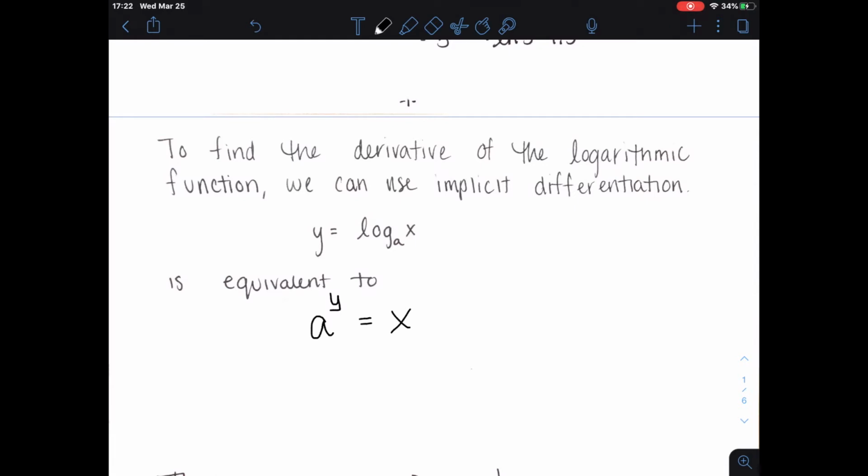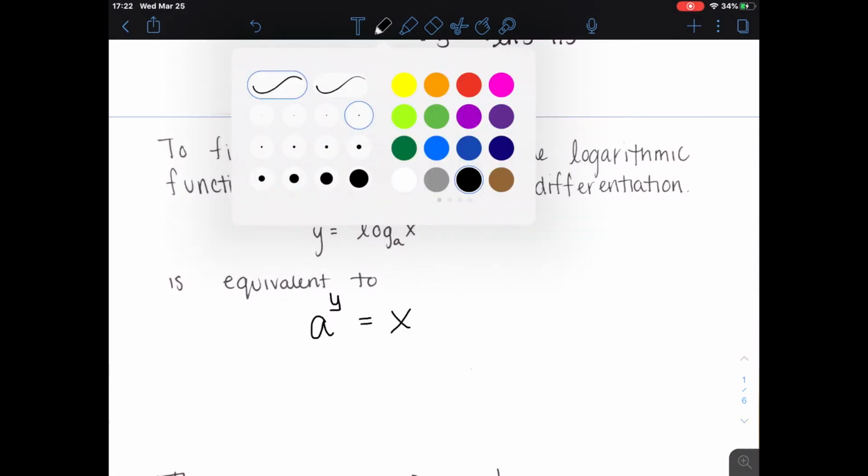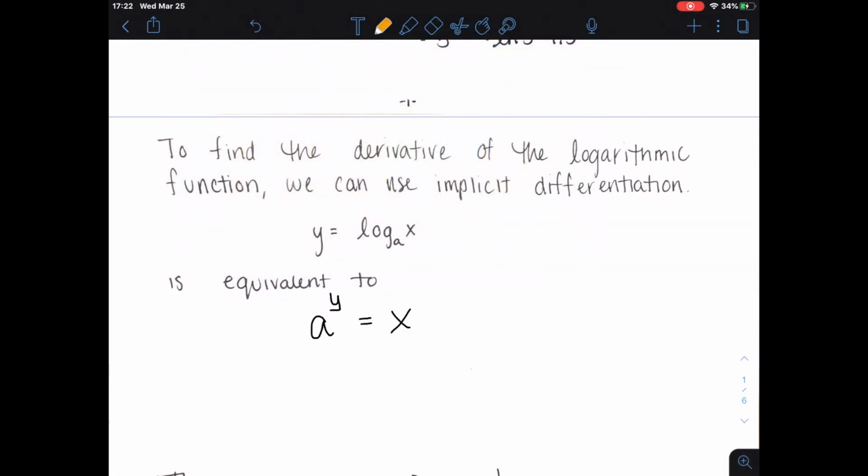So that's that bacon and eggs. So it's equivalent to this, and we're going to take the derivative with respect to x of both sides. Okay? So what that gives us on the left-hand side is you still get a to the y back. You get natural log of the base, but because you have a y up here, let me bring what was there.